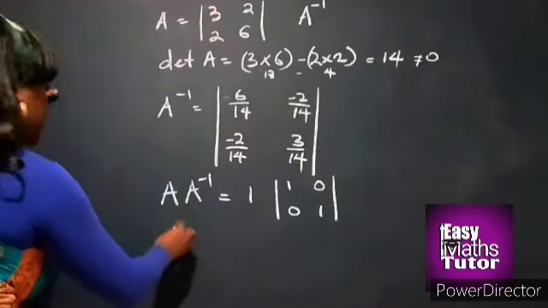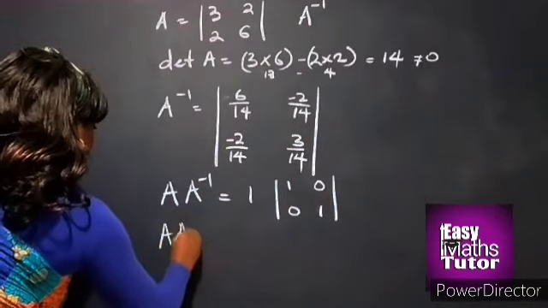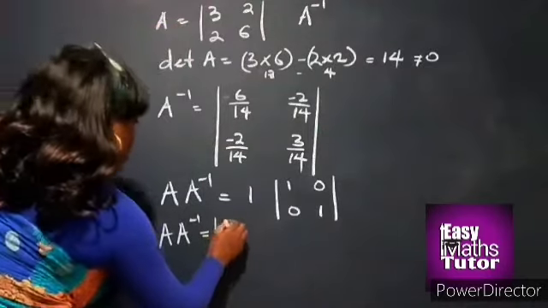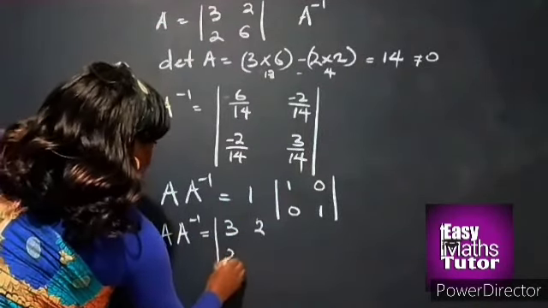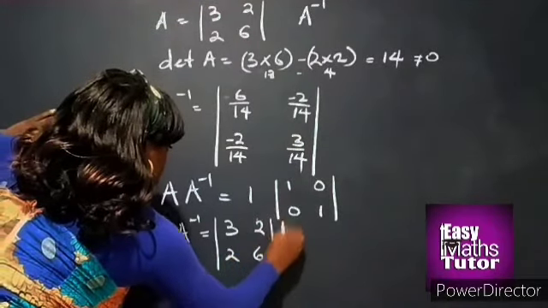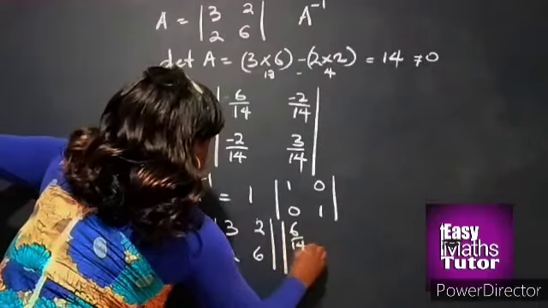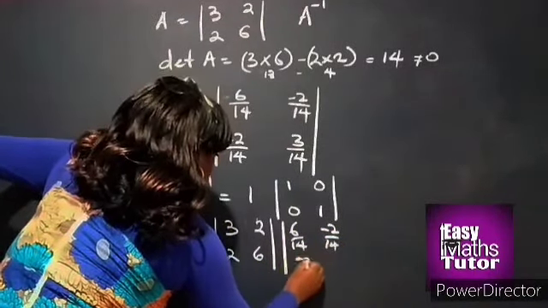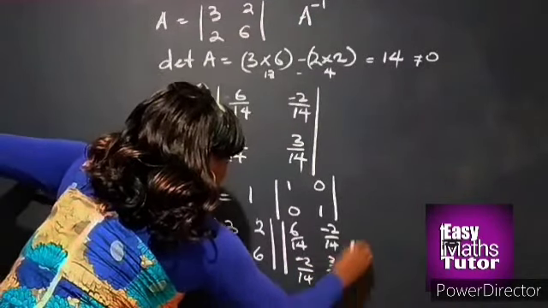So A inverse will be equal to 6 over 14, minus 2 over 14, minus 2 over 14, 3 over 14, and A is 3, 2, 2, 6.